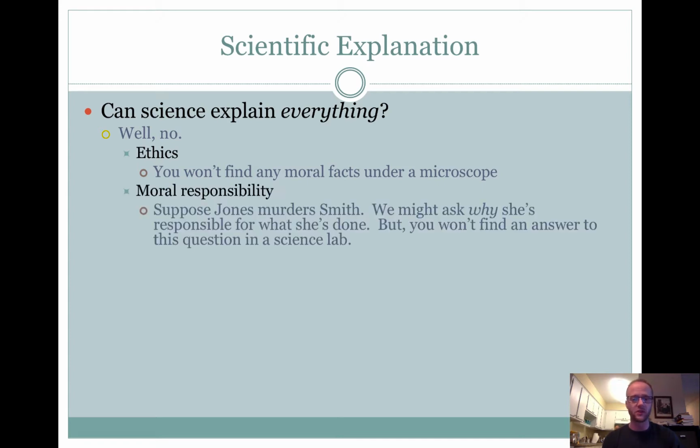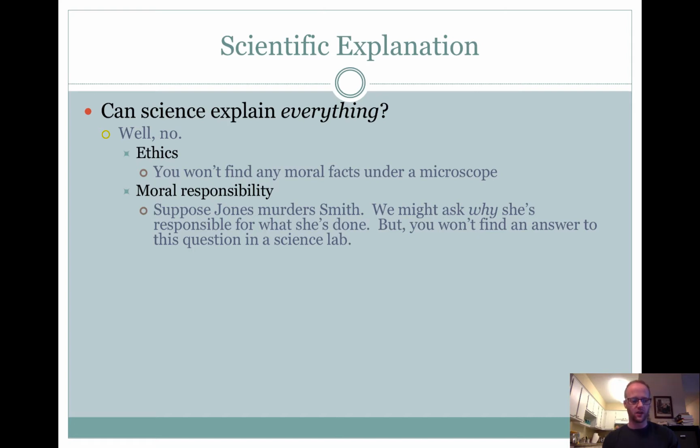It can't explain moral responsibility. Suppose Jones murders Smith, where Jones and Smith are just made up names. You might ask, why is Jones responsible for having killed Smith? Well, maybe there are reasons why. Jones shouldn't have done it. Jones had the freedom to do something else. But none of those are explanations that can be gotten in a science lab.